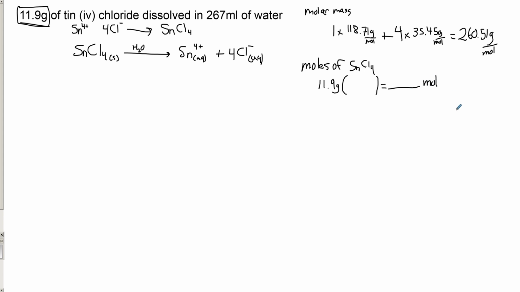So conversion bracket here, moles on top, and 260.51 grams on the bottom. So we are allowed to get rid of the unit called grams. 11.9 divided by 260.51 gives me a tiny number, and that's totally fine. So I'm going to write down the number as text. And remember, I'm going to leave that number in my calculator.